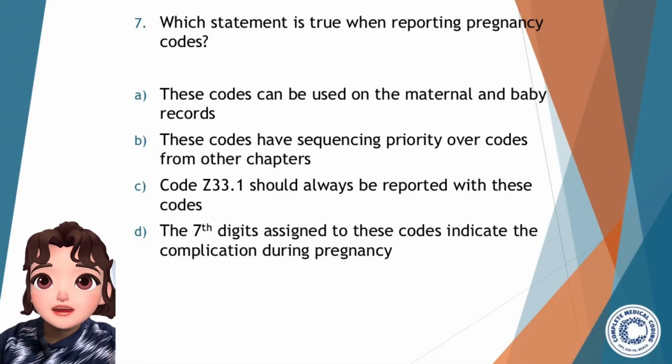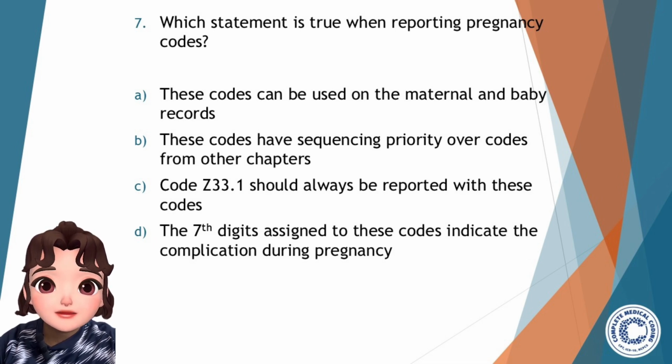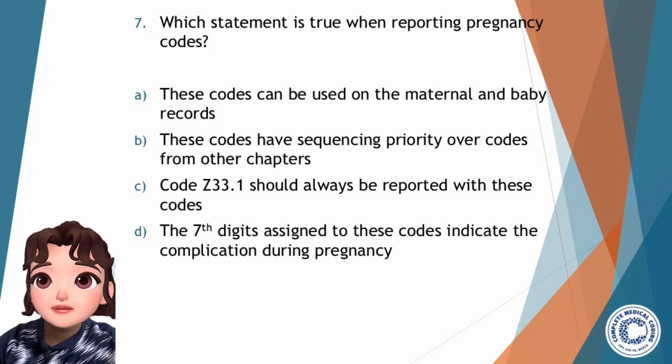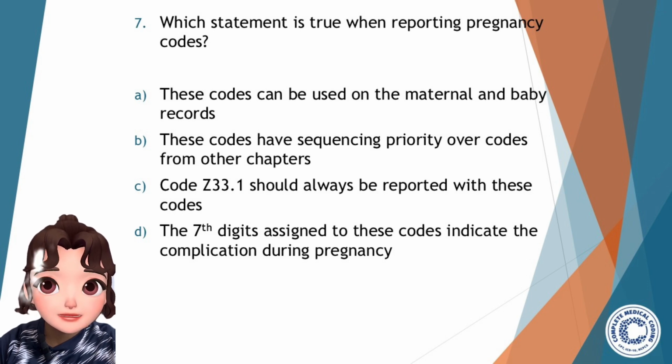Now seventh question. Which statement is true when reporting pregnancy codes? This is also an important one. Option A, these codes can be used on the maternal and baby records. No. Option B, these codes have sequencing priority over codes from other chapters. I'll come to this point later.